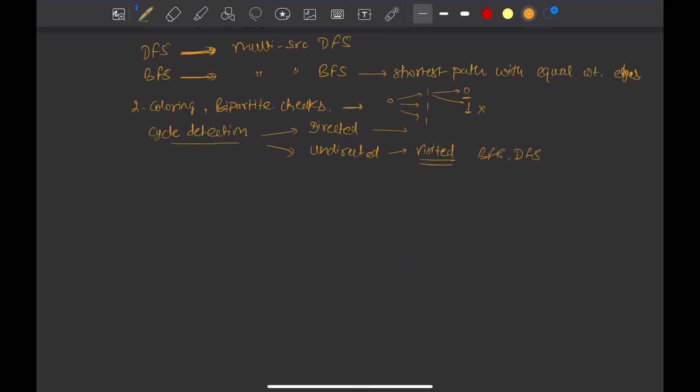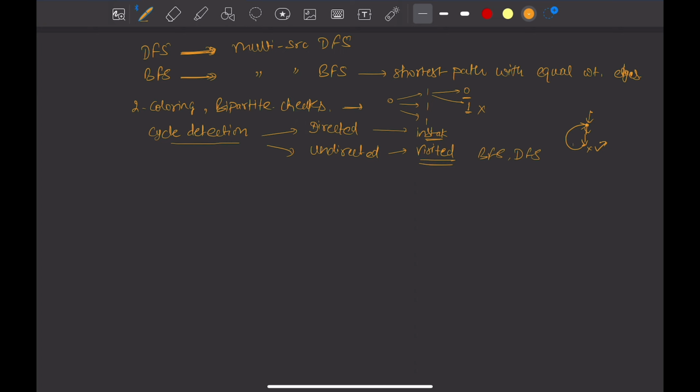what did I do? I had to maintain a boolean vector in stack. So every time I visit a node, I push it in the stack. Every time I'm done processing that node, I remove that from the stack. So let's say if I'm going down, and from here I get an edge which is pointing to any of the nodes that is inside the stack, that means there is a cycle.